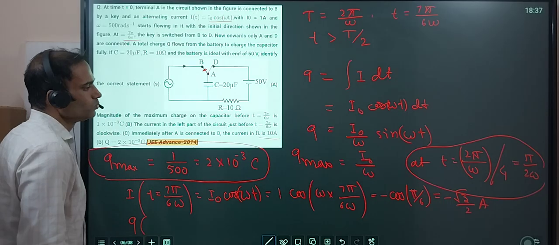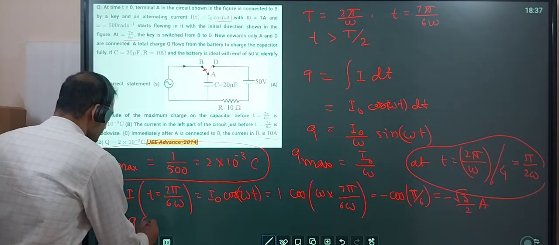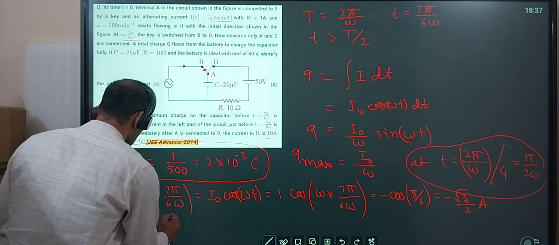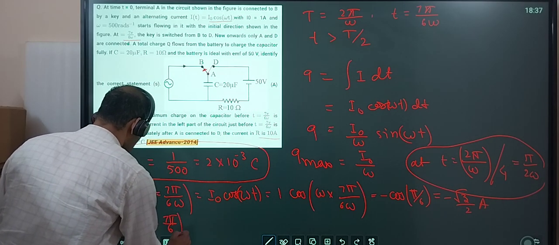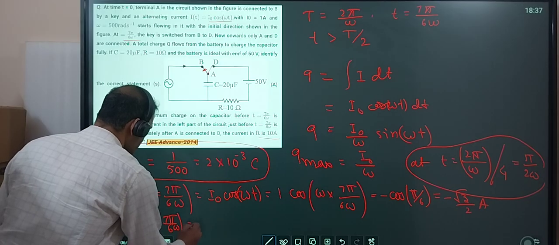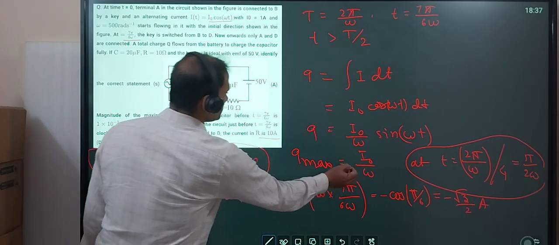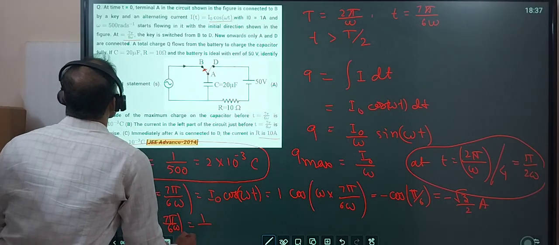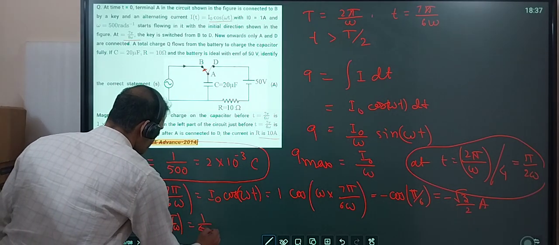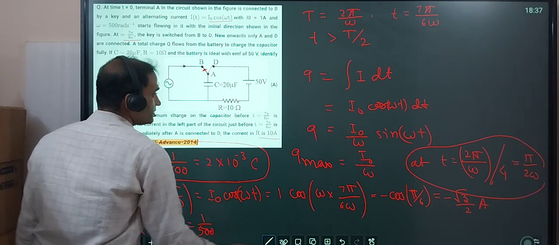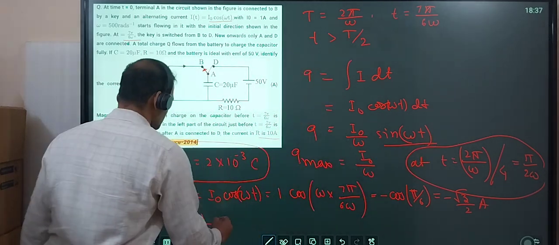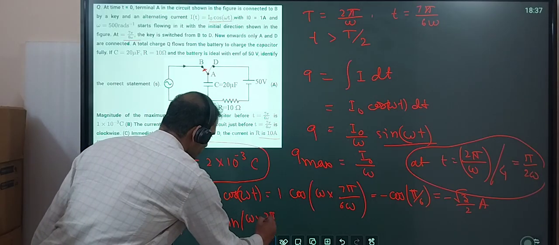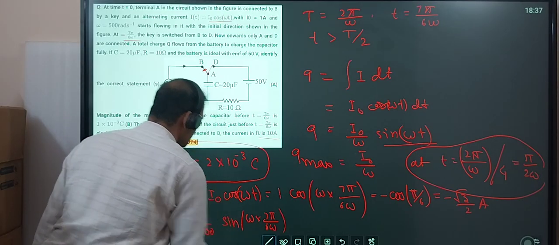So Q at t equal to 7 pi by 6 omega will be I naught by omega, that means 1 by 500, times sine omega t, sine omega into 7 pi by 6 omega.